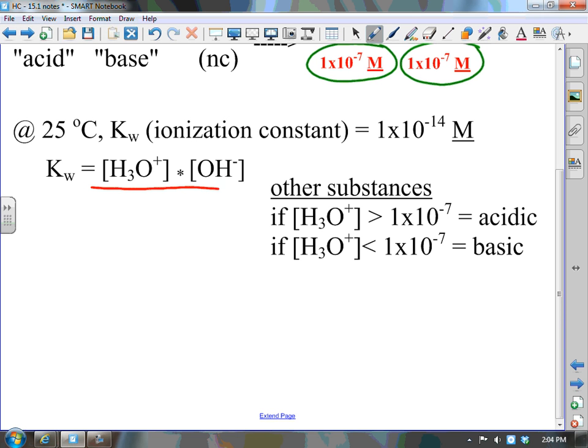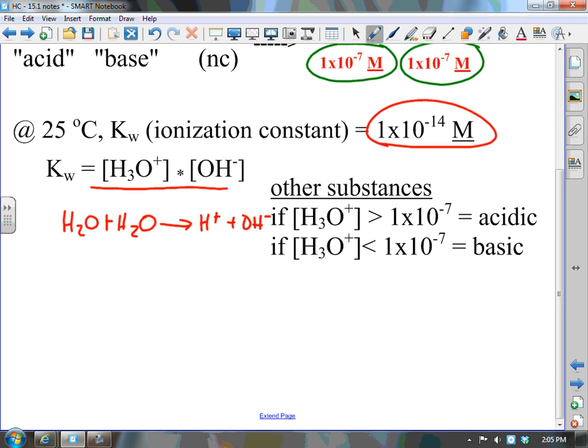And this number is unique to water. What it's basically telling us is that number is really, really small. It's basically saying that we have an extremely small amount of water that changes. But we do have some that changes. And that's the number associated with it.